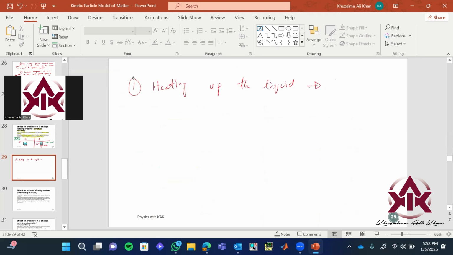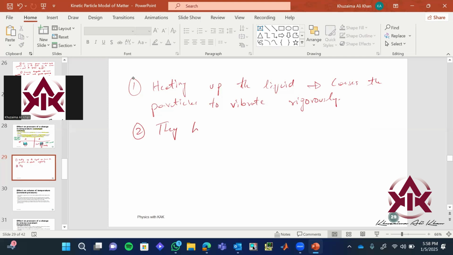It basically causes the particles to vibrate vigorously. Vigorously means faster. And since they are vibrating faster, they are moving at high speeds.